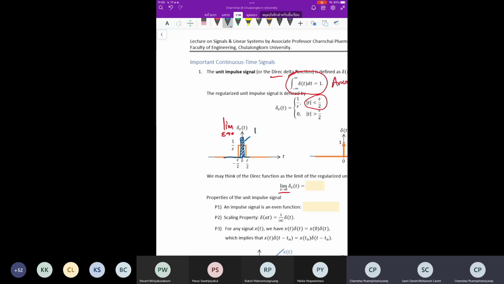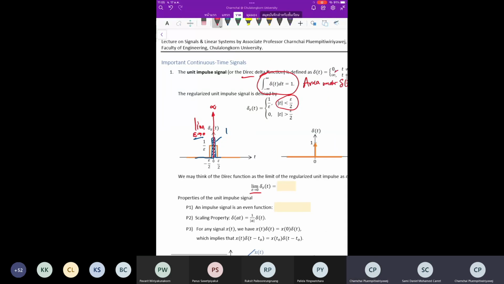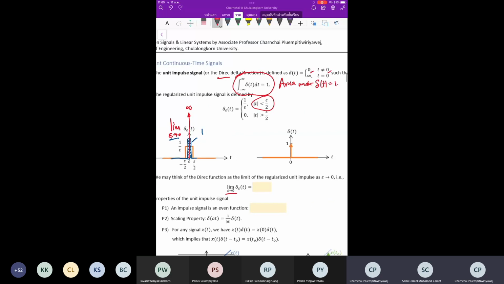What happens if epsilon goes to 0? What's the height going to be? If epsilon goes to 0, if the width goes to 0, of course, the height is supposed to go to infinity, right? And that's how the delta function is defined, as an arrow.